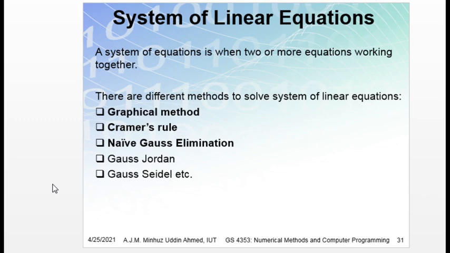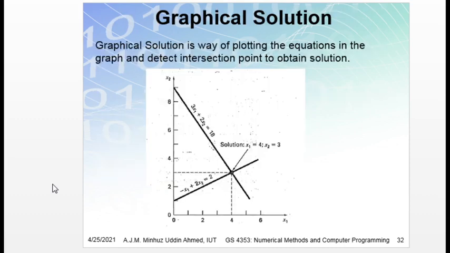So the graphical method is the first thing. The graphical method, as you all know, I have already discussed. The graphical solution is the way of plotting the equations on a graph and detecting the intersection point to obtain the solution. In 2D, if we use two variables, the graphical solution will be like this.